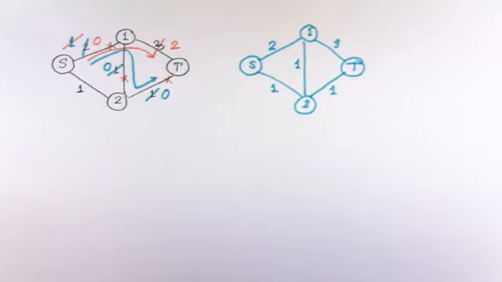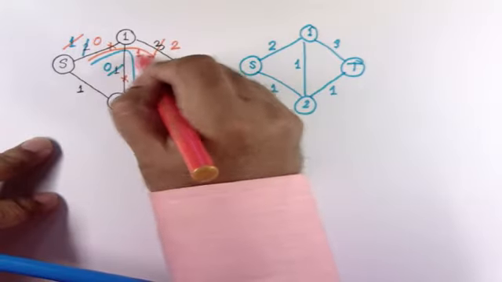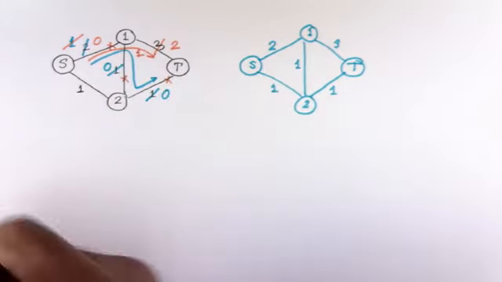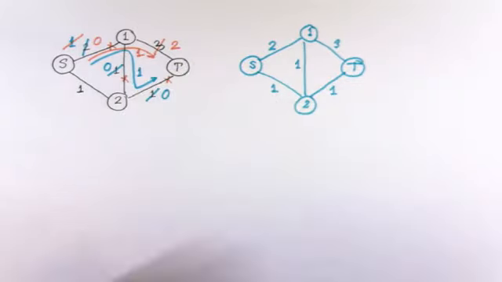Now, in what we have done so far, we are getting a flow of how much? 2. Because we pushed 1 unit of flow like this, and we pushed 1 unit of flow like this. So, we got a total flow of 2, right?